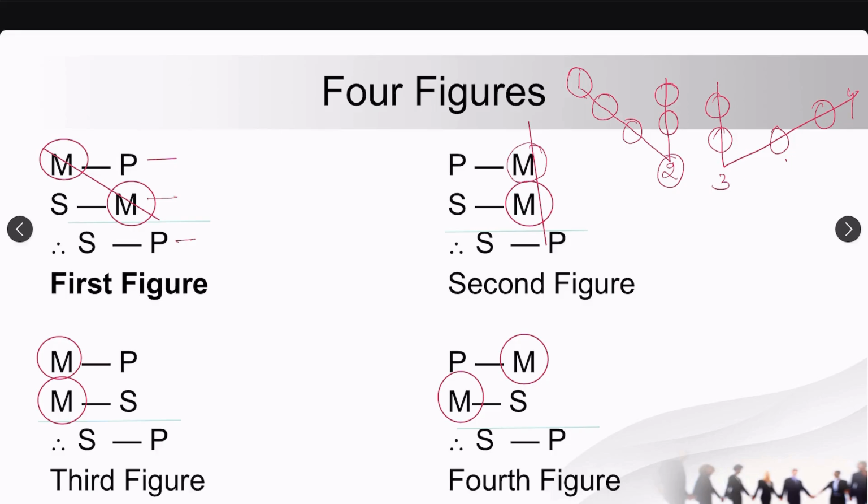Here the second figure came, in the third again straight, and then the fourth. If you remember this, you will easily be able to remember the 4 figures instead of memorizing MP, SM, SP. You can just remember this diagram and you will be able to memorize it.